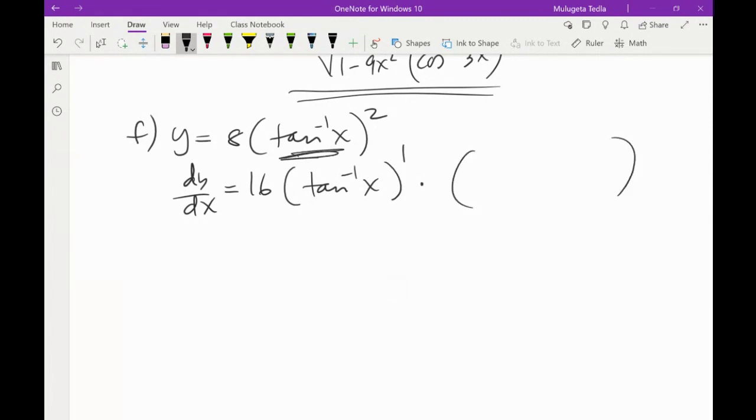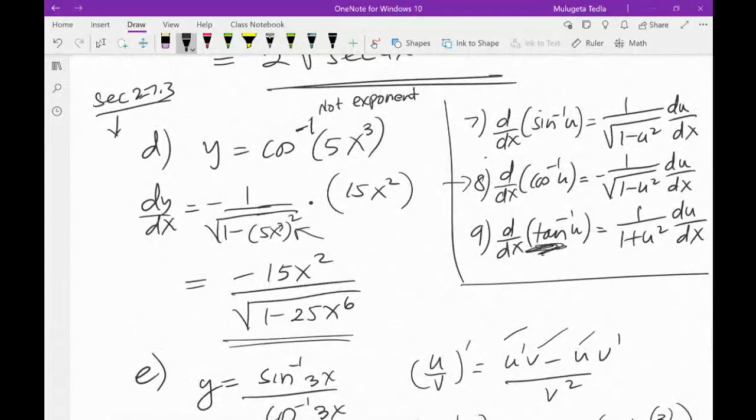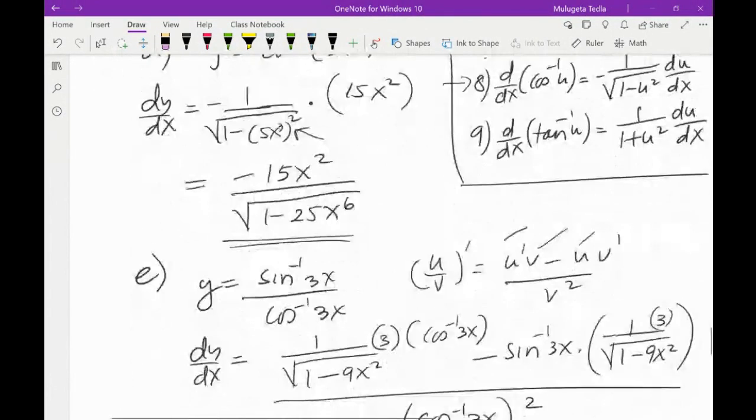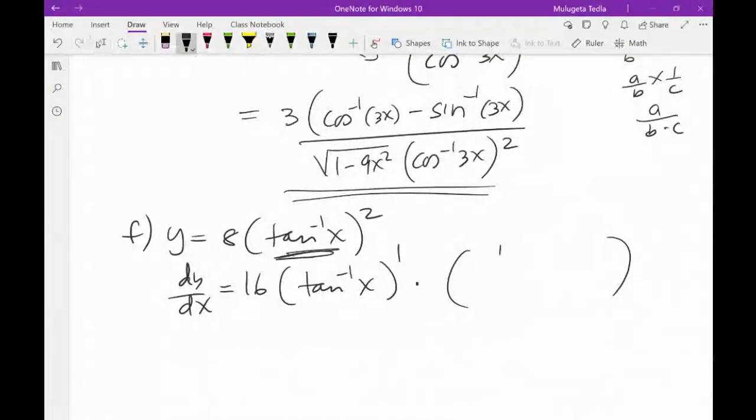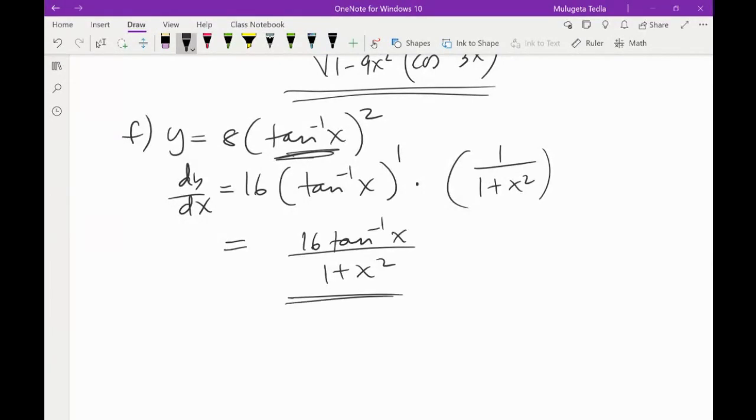The derivative of the inside is, obviously, I gave it to you here. The derivative of tan inverse is 1 over 1 plus u squared. So it is 1 over 1 plus x squared. So obviously this is in the denominator, and 16 and tan inverse of x is in the denominator.